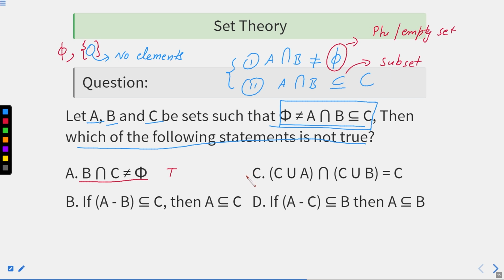Okay, let's go for the second statement. The second statement says if A minus B is contained in C, then A is a subset of C. Is this statement true?